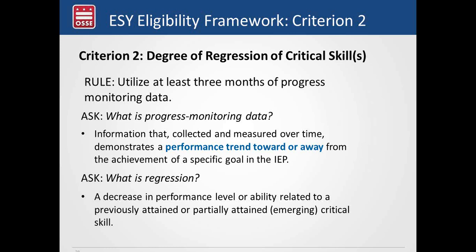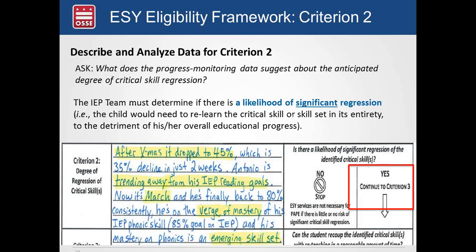And these three criteria blend from one into another. They're not distinct. They all feed into each other. And again, you're thinking about regression. Will they backslide so much that they are not going to be able to catch up after the break? And you think about that likelihood of significant regression. Again, all students experience some regression. Students with disabilities, students without disabilities, adults in our own normal lives, we all have regression.